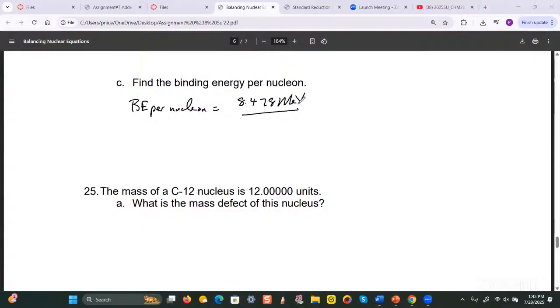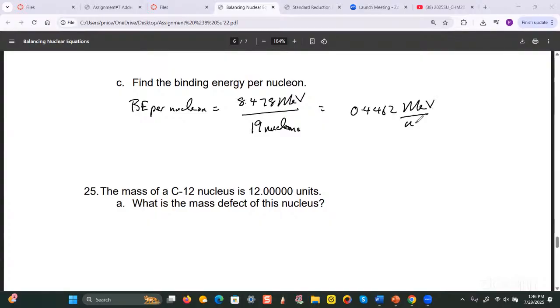For fluorine 19. I just told you the answer. It's 19, the total number of protons and neutrons. So I'm going to put 19 nucleons here. And then we do the math. 8.478 divided by 19. So the answer here is 0.4462 mega electron volts per nucleon.